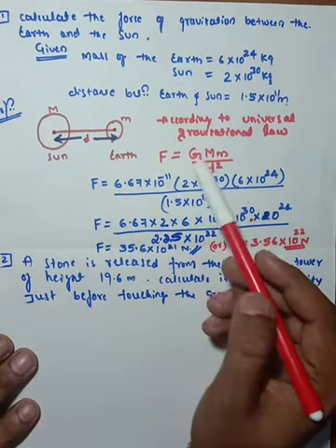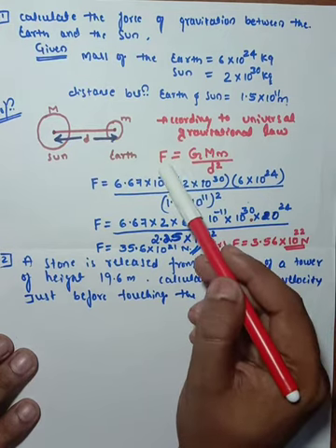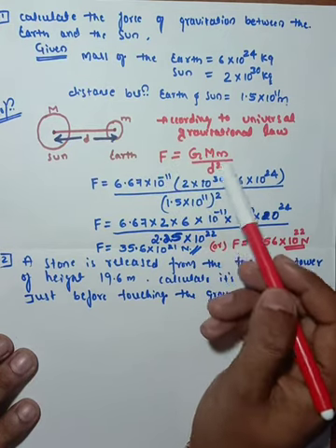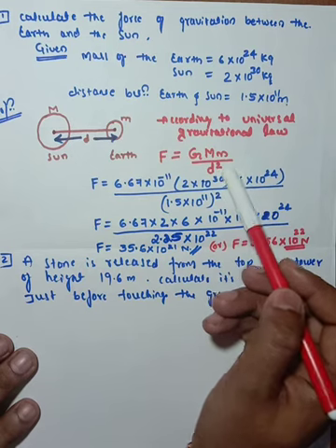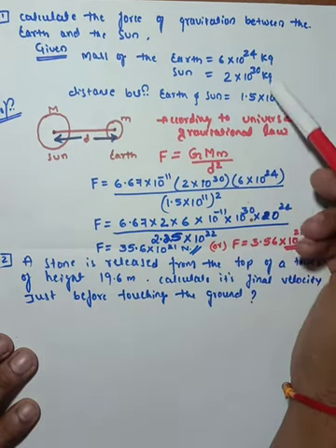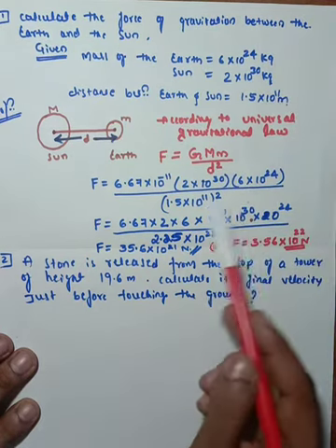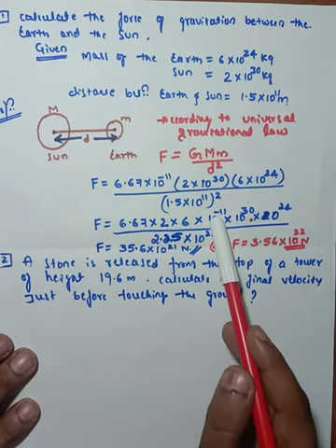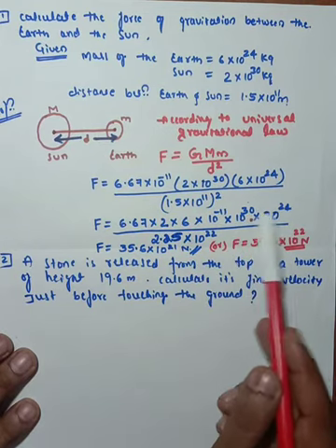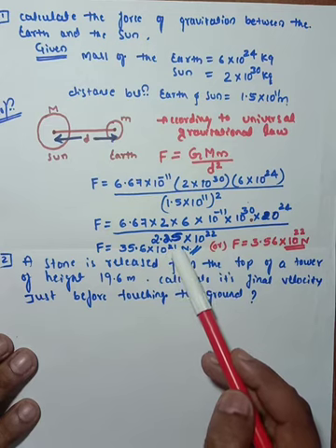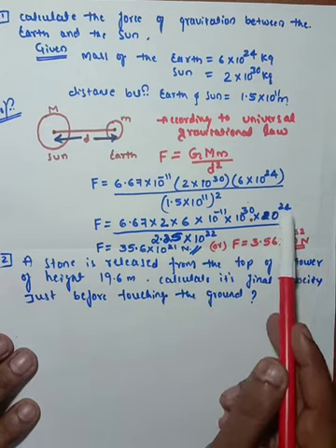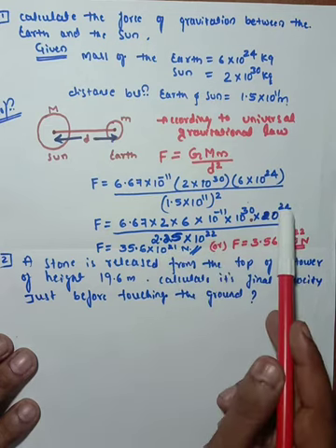The gravitational law tells us F equals G M m divided by d square. All things are given here, so just substitute everything. Once I solve the powers, it gives 10 raised to 21 in the denominator, which becomes 10 raised to minus 21 in the numerator.